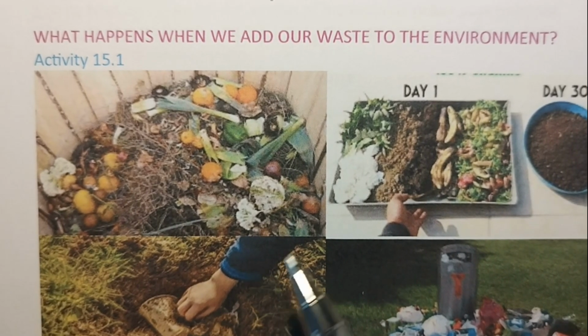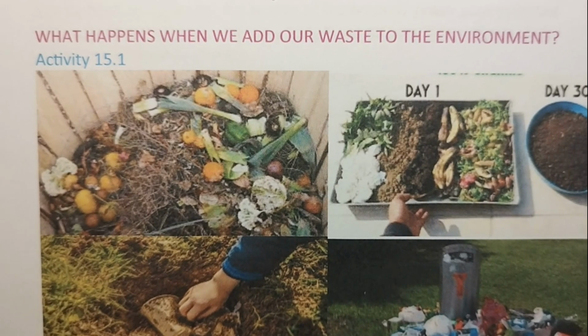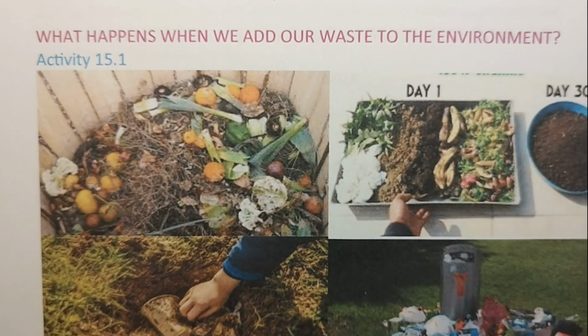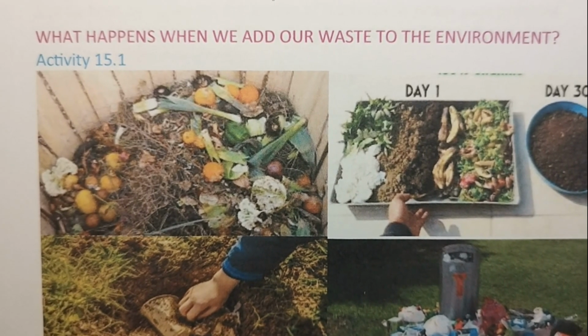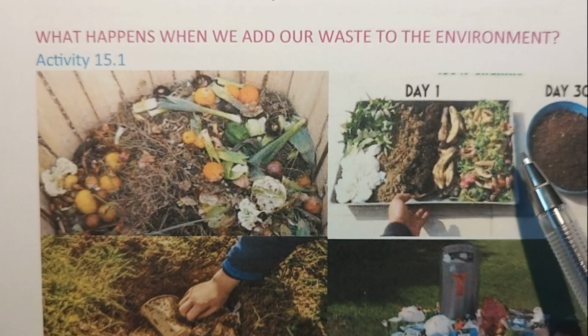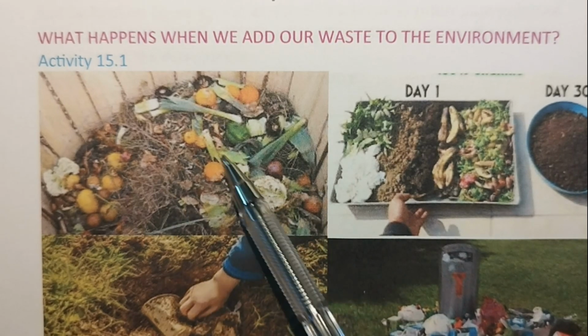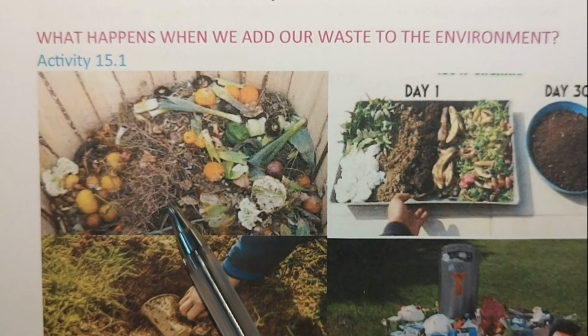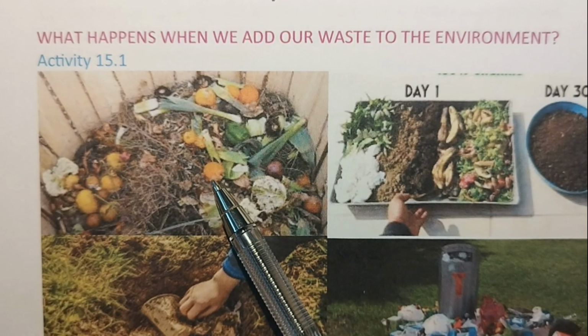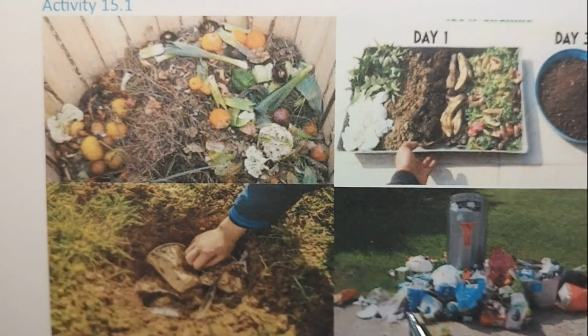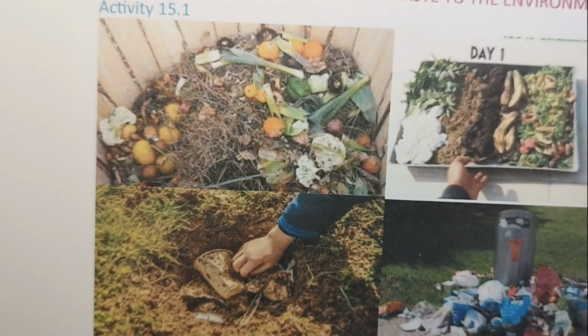So put soil on whatever waste items you have, keep this for 15 days, and then keep checking every 15 days to see the impact of this process on your waste material. You can see certain changes.